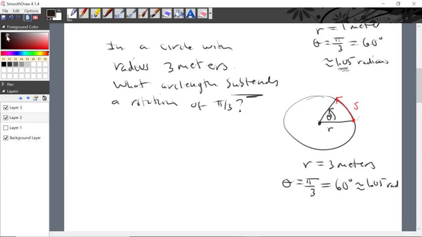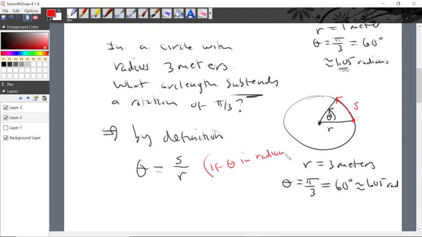By definition of the radian unit, theta, when in radians, is equal to S divided by R. This is only true if theta is in radians.